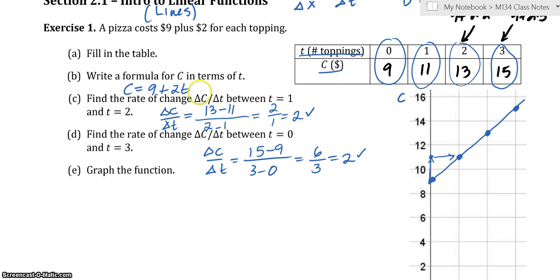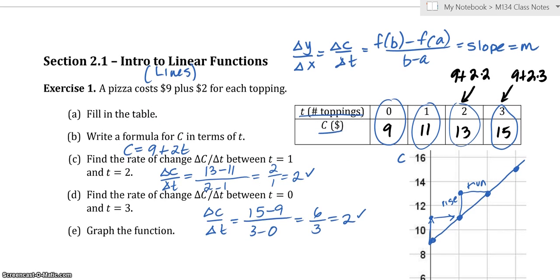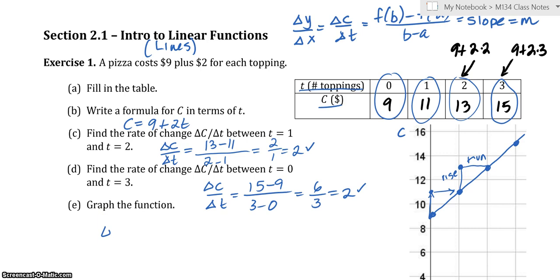If we did the part C that I did, you rise 2, right? 13 minus 11, that was the 2, and then we ran 1. So sometimes this rise over run, this is the rise, this is the run, is a visual representation of the slope. So sometimes they'll call change of y over change of x. I like to think of it sometimes as the rise over the run, which we just saw was going to be labeled m, the slope.